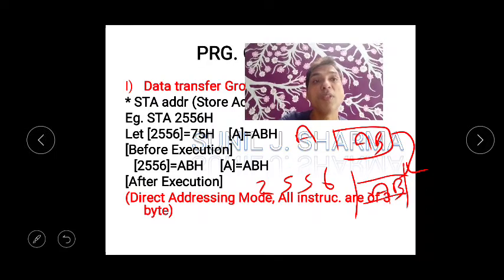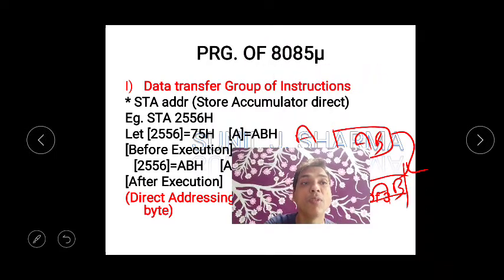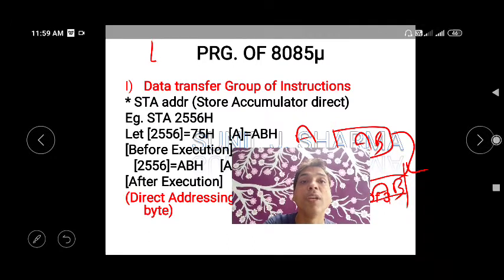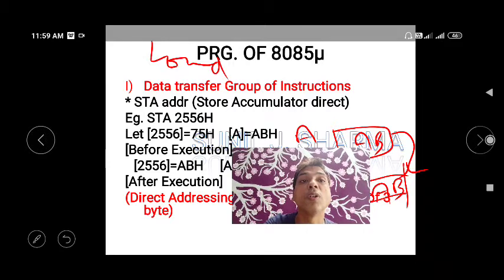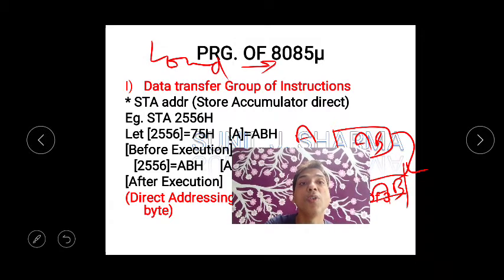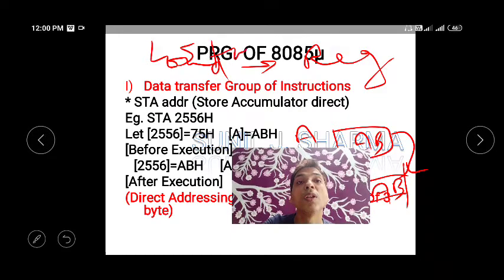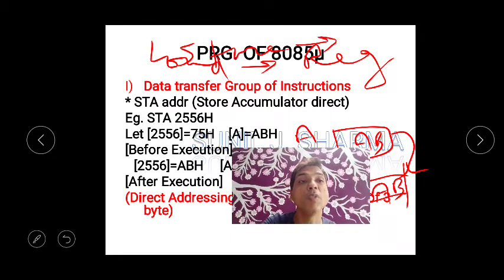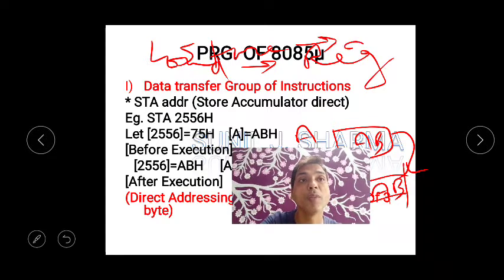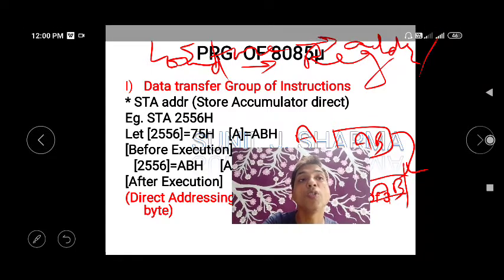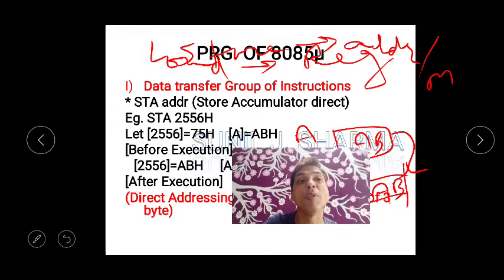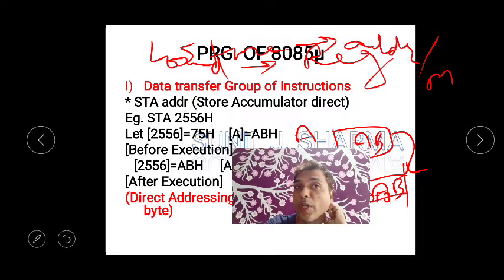Now keep one very important thing in mind: whenever the word load comes, you have to load it into some register, and whenever the word store comes, you have to store it to some address or memory. That is the meaning of load and store.